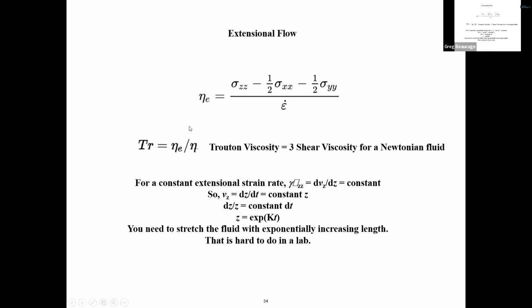Anyway, it turns out that for a Newtonian fluid, this extensional viscosity that you could measure, if you could dream up an exponentially increasing rate of draw, is just 3 times the normal viscosity. Right? So 3 times the viscosity gives you this extensional viscosity. This comes into play too if you're spinning fibers. We've done this in the lab.